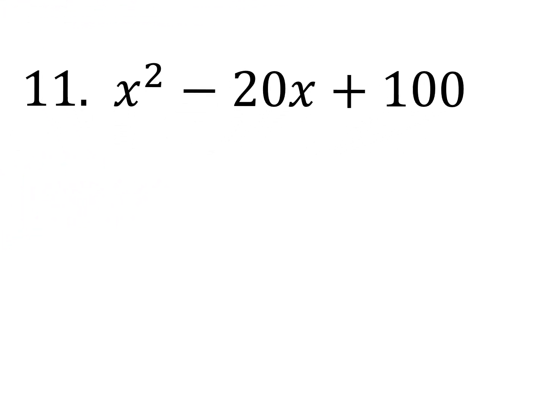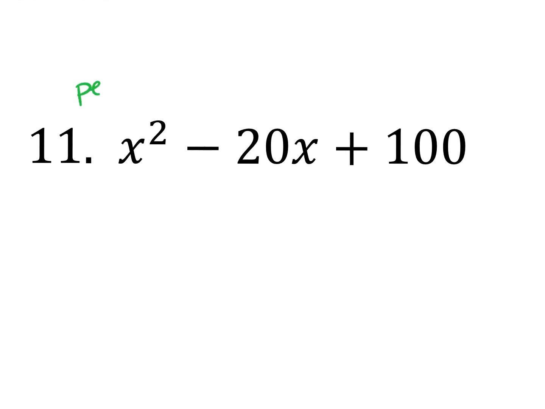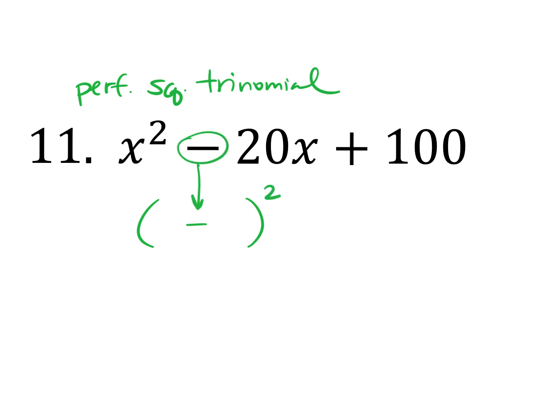All right. Number 11, if you notice on this one is a perfect square trinomial. Okay. So the perfect square trinomial is the one where it's going to be something with subtraction or addition. This one's subtraction because that's subtraction.